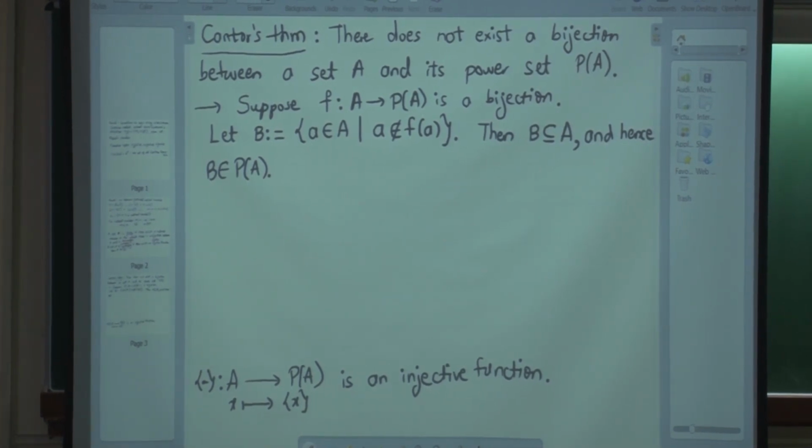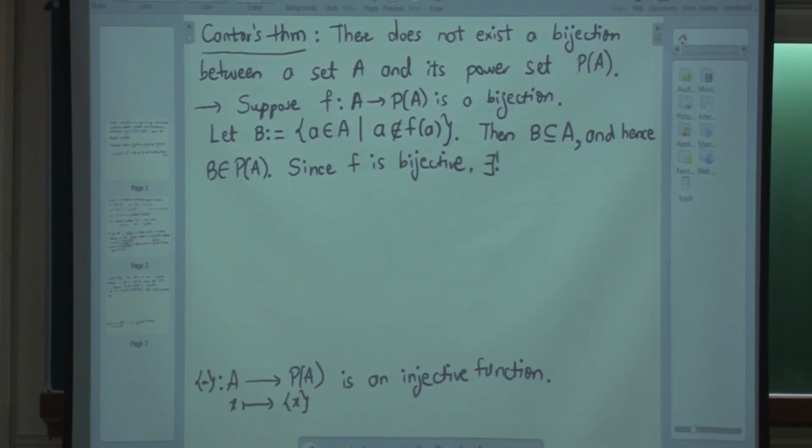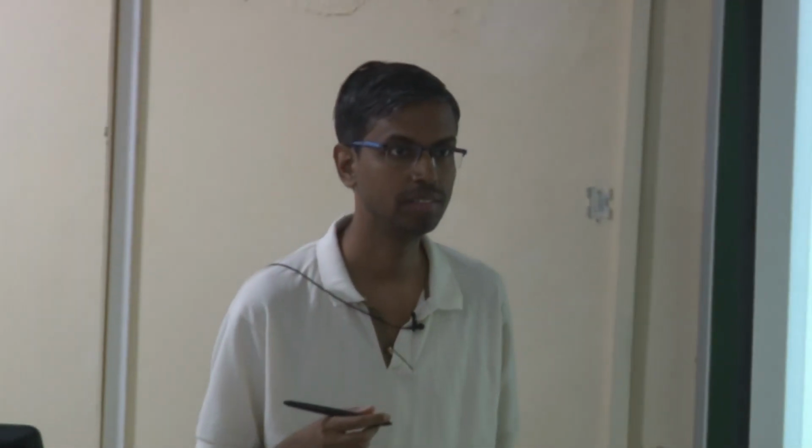Since f is bijective, there exists a unique element B in A such that f of B is equal to capital B. Every element of the power set of A must belong to the image of the function, right?